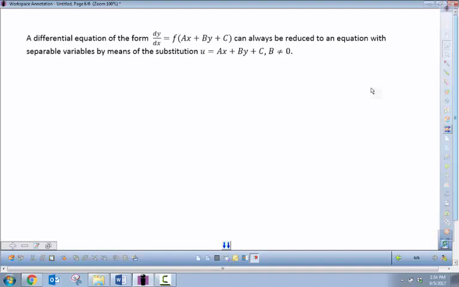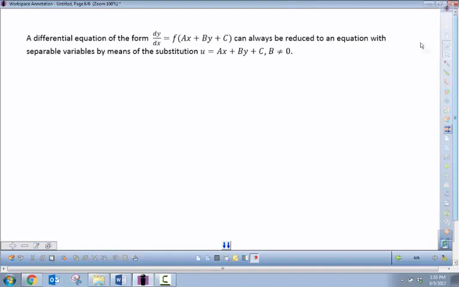Here, you just have to identify if your differential equation looks like it's really a function of ax plus by plus c. If you do a substitution where u is equal to whatever that term is, then you can use separation of variables.